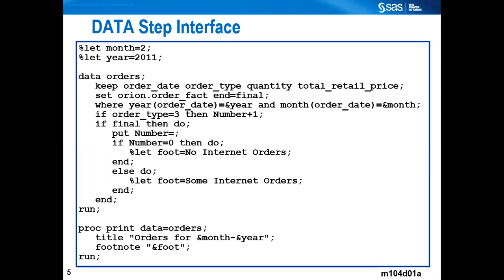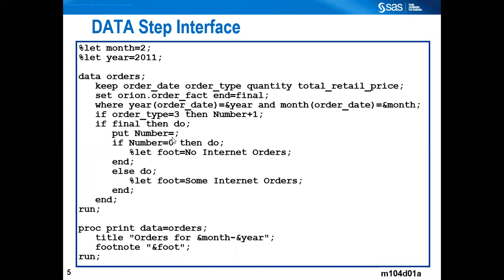All fine? Yeah. Okay. Then do, you're just telling SAS to show the value of number in the log. We know what put is doing. So you know what number is. You're counting the number of internet orders, so that's why it's accumulating the total. Then you're telling if number is equal to 0, that means the processing of your data currently has no internet orders, obviously there won't be an increment in your variable number.